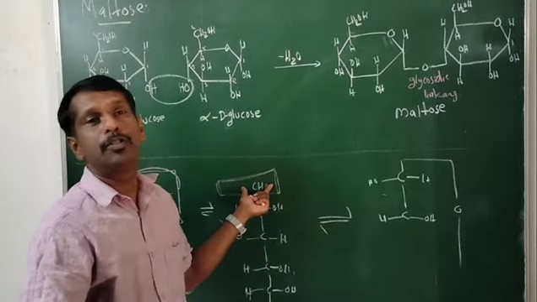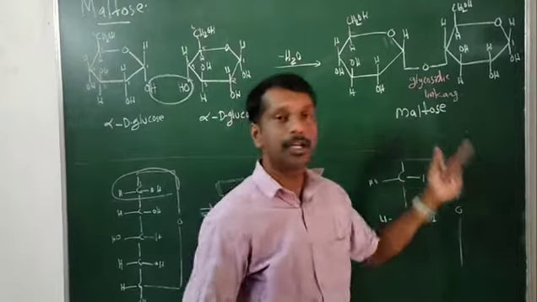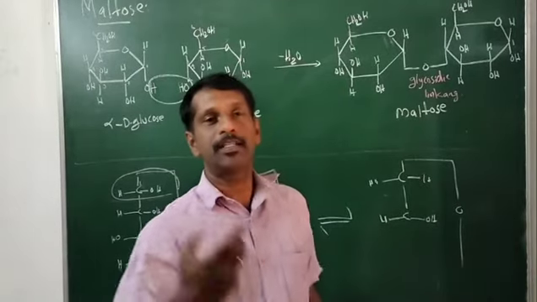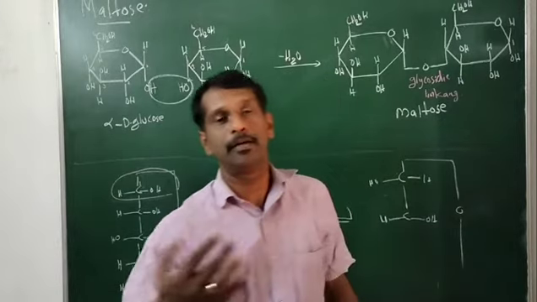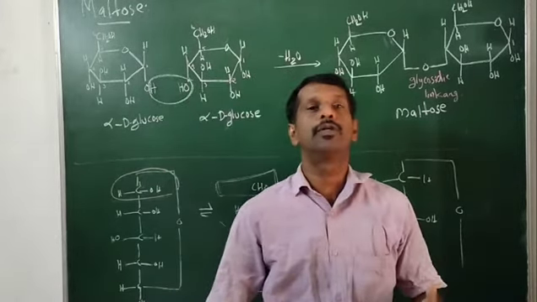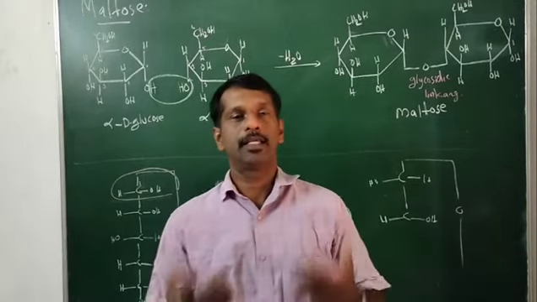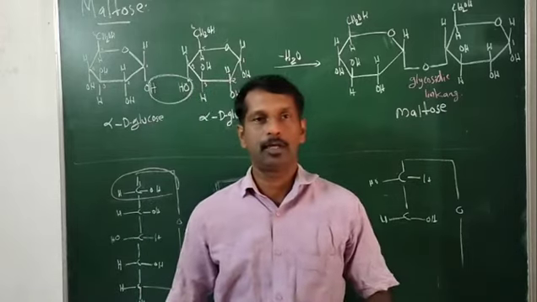It can reduce Tollens' reagent and Fehling's solution. Therefore, maltose can reduce Tollens' reagent and Fehling's solution. It can exist in alpha form and beta form, and it will show mutarotation. These are the properties and structure of maltose. Okay, and thank you.